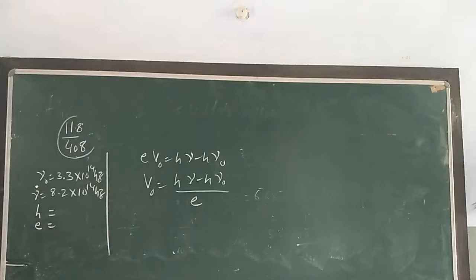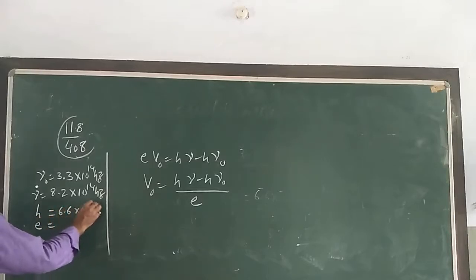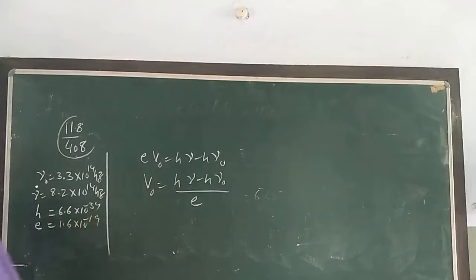What are you getting? Dear children, write all the values you have here. The value of h is 6.6 into 10 raised to power minus 34. Charge of an electron, this is.